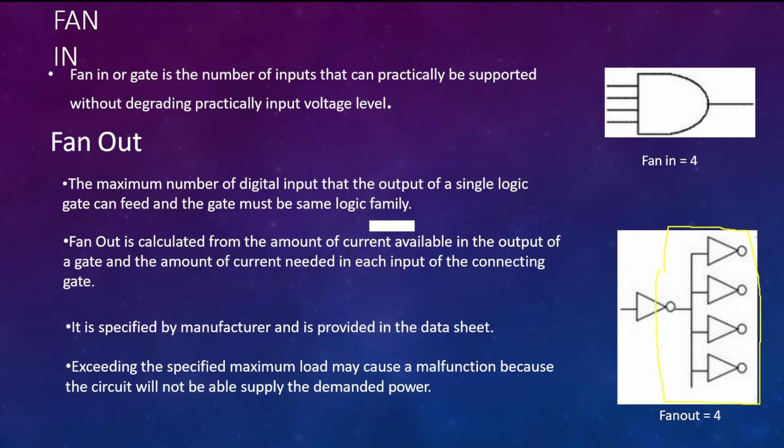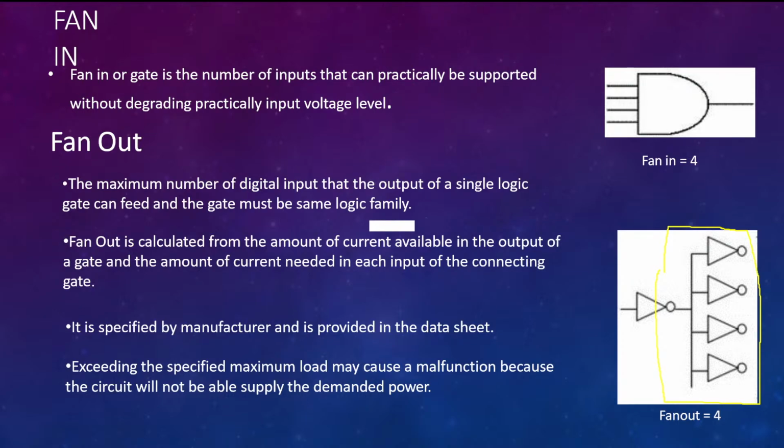Right? So in this case at the output you can see there are four gates over here. So the value of fan out is equal to 4. If I consider the same circuit I can say that fan out is 4 in this case.